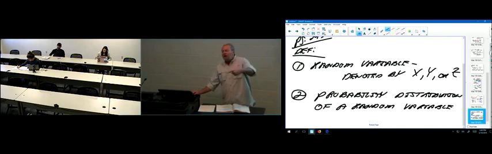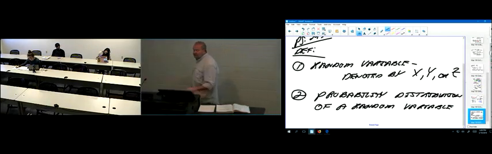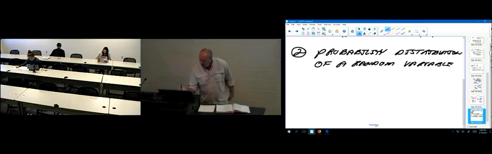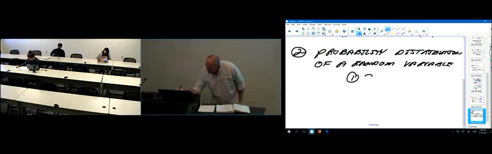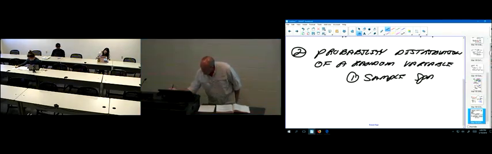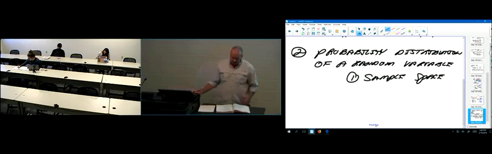It gives you the possible outcomes from your random variable, the sample space, and how to assign probabilities to those values. I'm hoping that some of this sounds familiar, right? So, one, it's going to give you the sample space. What are the possible outcomes?